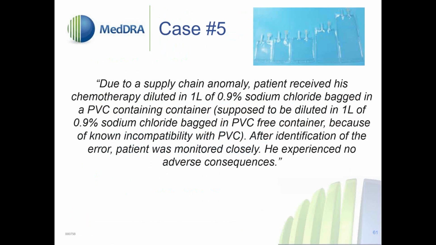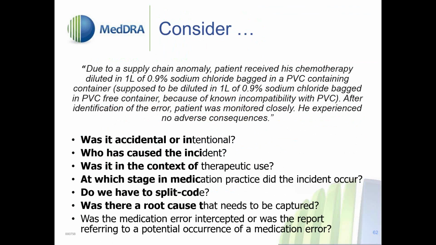And it is supposed to be diluted in 1 liter of 0.9% sodium chloride bagged in PVC free container because of known incompatibility with PVC of this chemotherapy agent. After identification of the error, the patient was monitored closely, and he experienced no adverse consequences, so no adverse effects. This is our verbatim, a long one again.